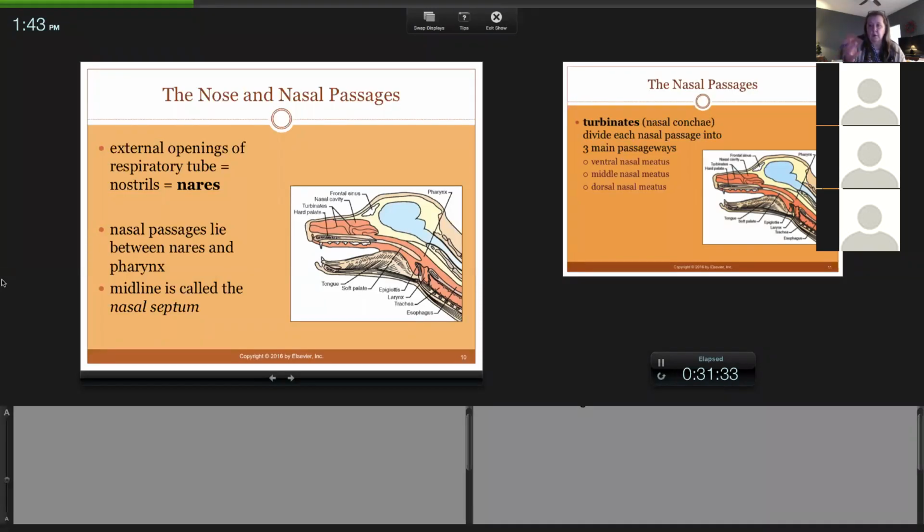Sometimes dogs will get a foreign body, like a piece of wood or mulch or hay stuck up there. But I just want you to be aware, there's a difference between bilateral and unilateral nasal discharge: a cold or upper respiratory infection versus something that's just affecting one nasal passage.